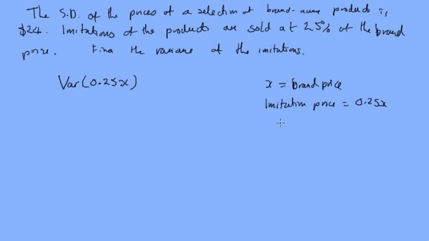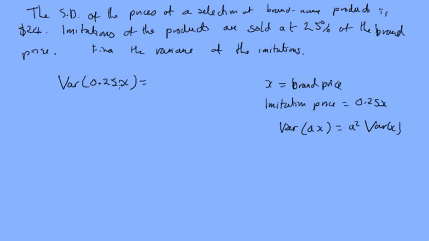So we're going to be using that the variance of ax is equal to a squared times the variance of x. We want the variance of the imitation products.